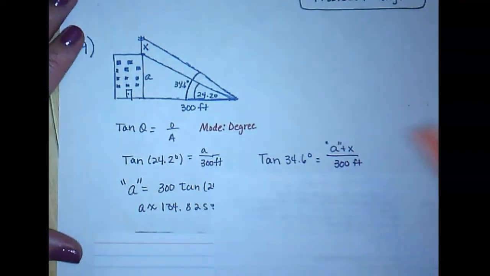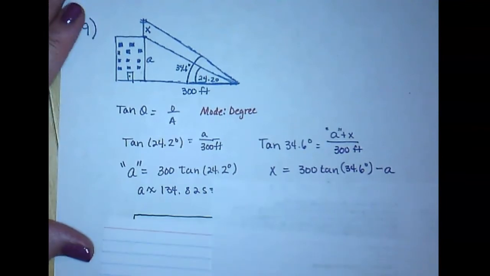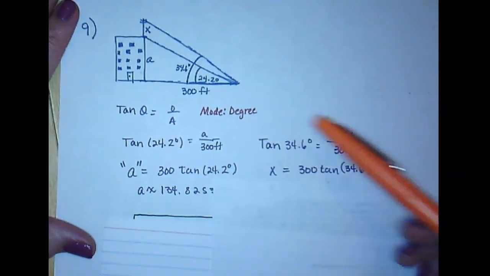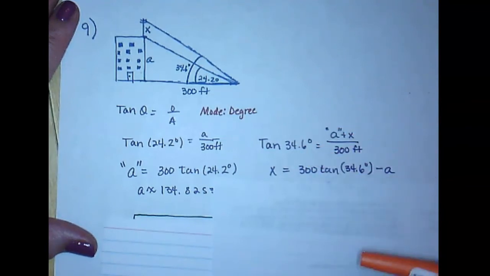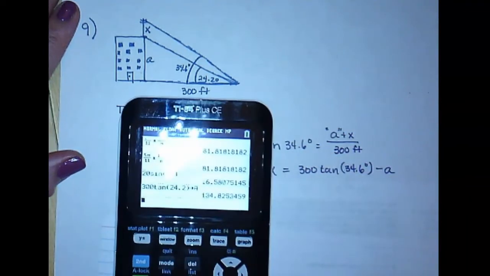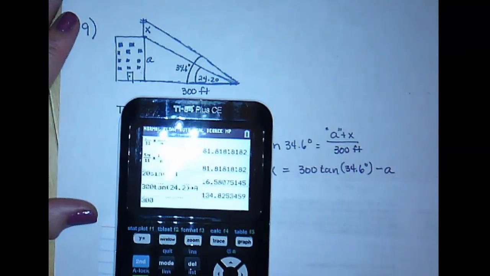And so then to get those things by itself, I'm going to multiply both sides by 300, and then I'm going to subtract the A over to the other side. So then when I go back to my calculator, I have 300. Then I'm going to do tangent of 34.6 degrees. Oops, 34.6 degrees.